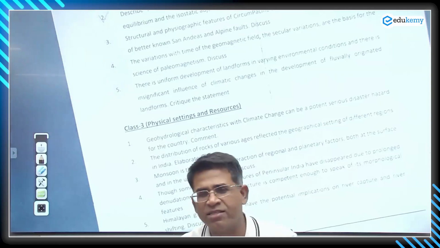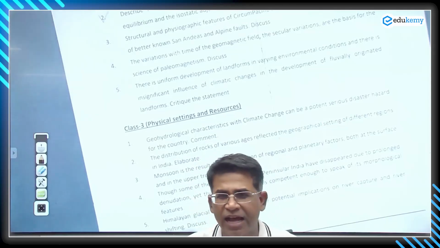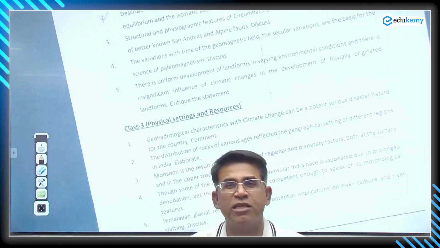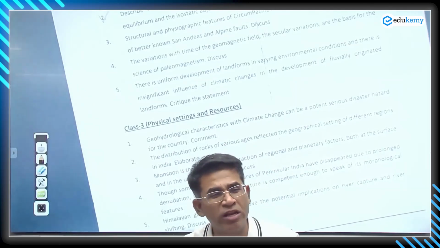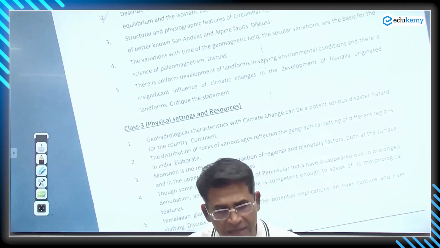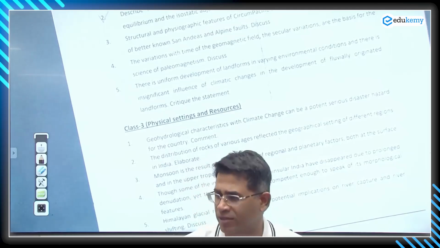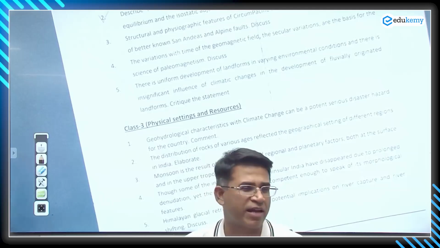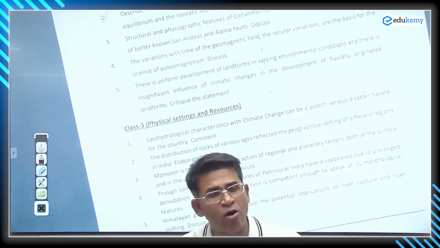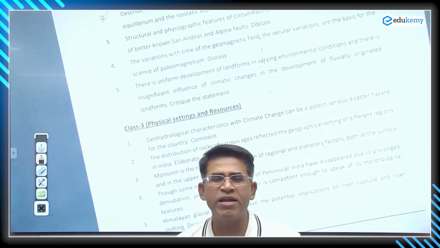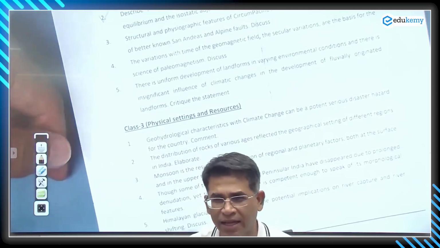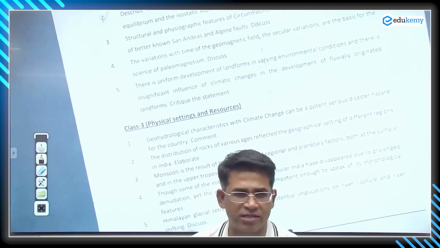The statement says ये गलत है. In reality, climate change has no impact. This is the school of climatic uniformitarianism. Okay, that the same type of landform is formed in any type of climate. The landforms formed in one climate are also the landforms formed in another climate. इसका example किताब बताता है as tors, T-O-R-S.